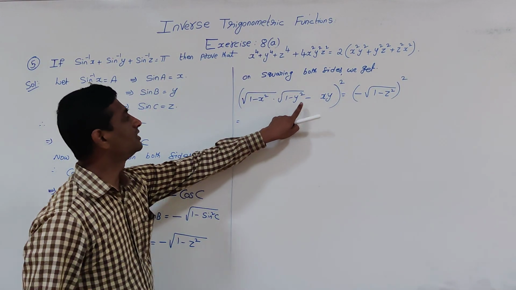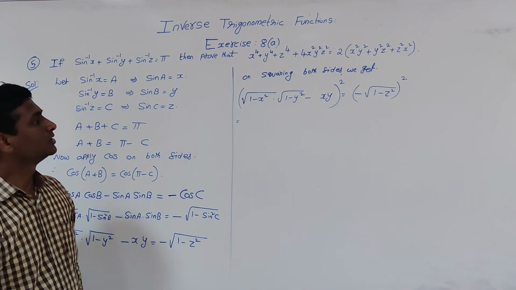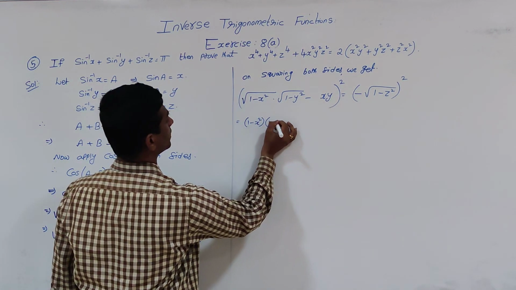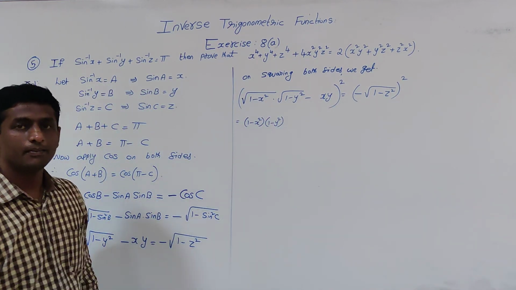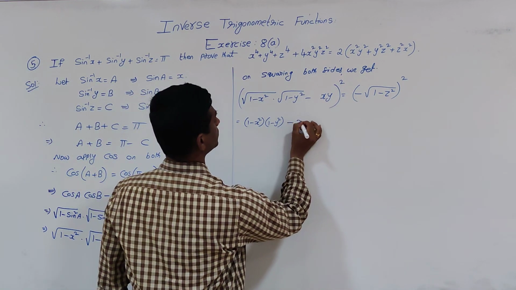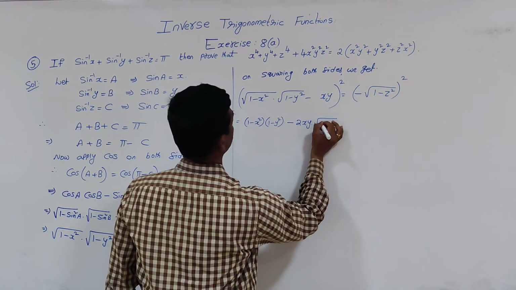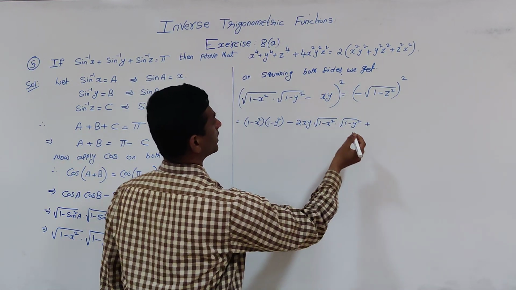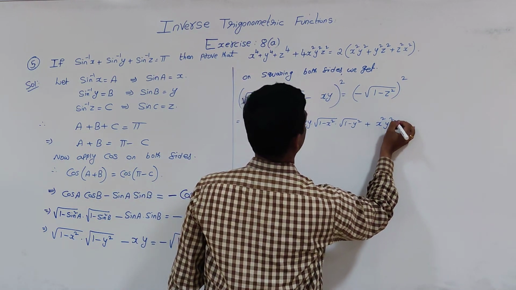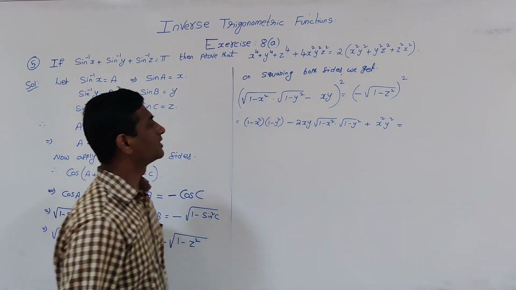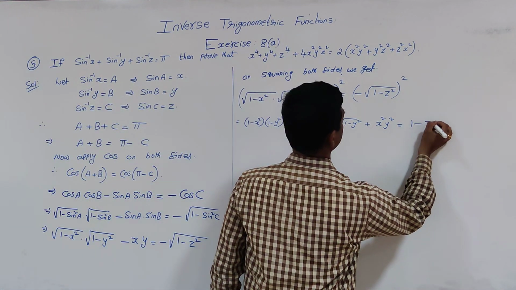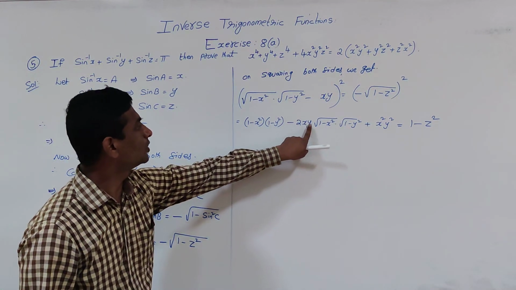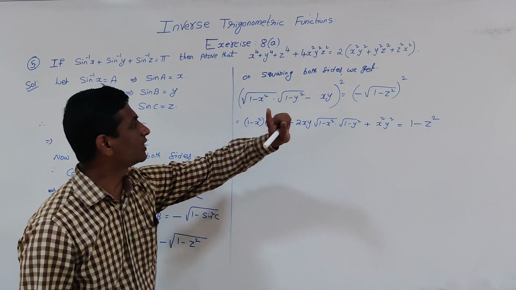So this will be in the form of a minus b whole square. So I am going directly: it will be 1 minus x square into 1 minus y square, because a square, minus 2ab, minus 2xy into under root of 1 minus x square into under root of 1 minus y square, plus b square, x square y square, is equal to minus under root of 1 minus z whole square, which will be simply 1 minus z square. A square minus 2ab plus b square is equal to 1 minus z square.